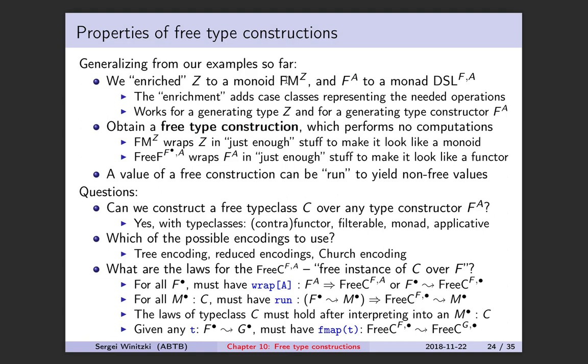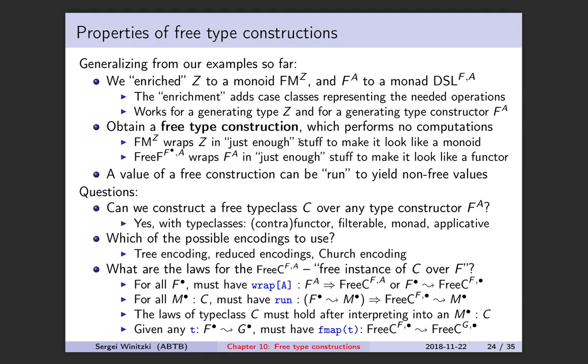It just accumulates all the data, and it needs to be run in order to actually perform computations. And so intuitively, the free monoid over type Z adds some wrapping to Z, just enough to make it look like a monoid, to satisfy the type signatures of a monoid.